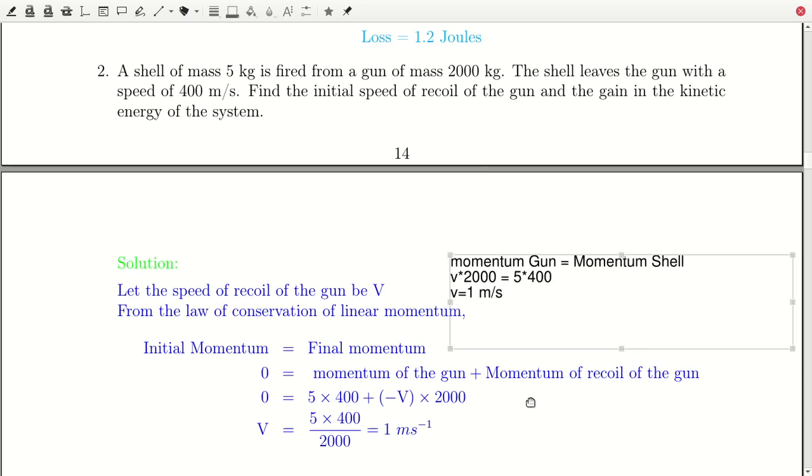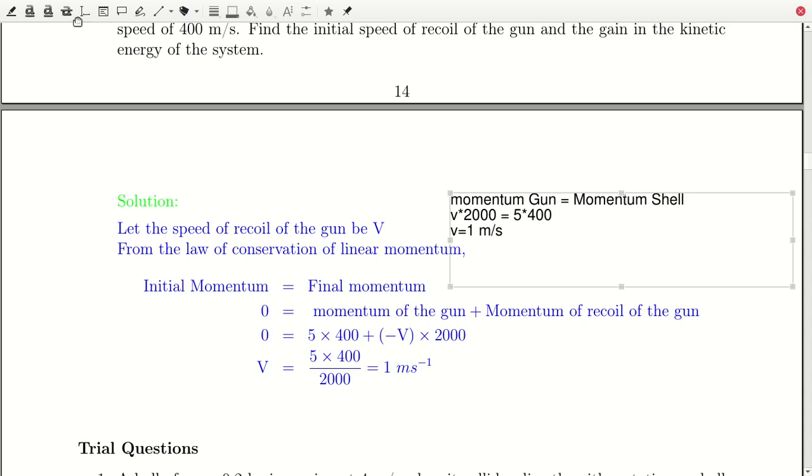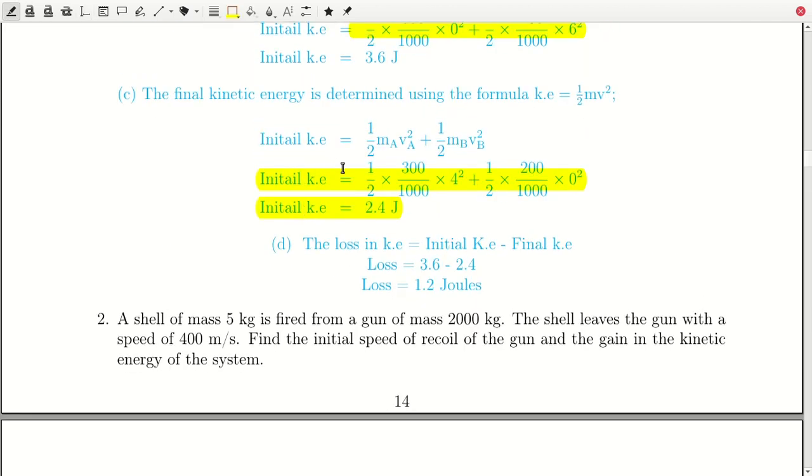Now to determine the gain in kinetic energy, because initially both were stationary, there is some gain in kinetic energy. To determine it, we use the formulas we have used up.